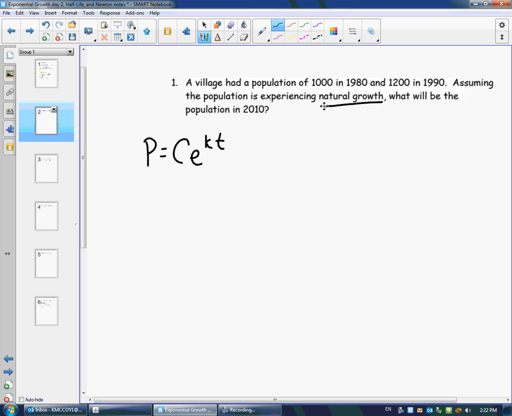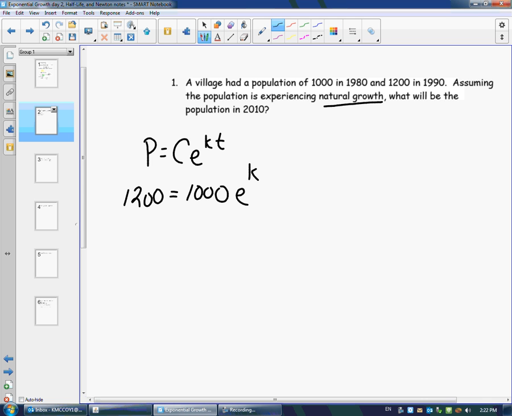So the information gives that it had a population of 1,000 in 1980 and 1,200 in 1990. So that tells me that the current p-value is 1,200. The original p-value, the place we started off at, was 1,000. Don't know k yet, so we got to put that up there.